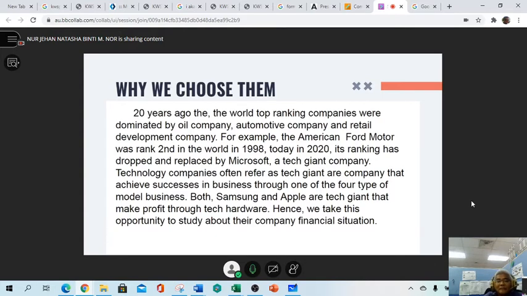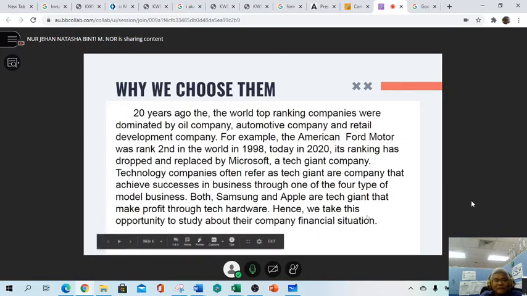Technology companies, often referred to as tech giants, are companies that achieve success in business through one of four types of business model. Both Samsung and Apple are tech giants that make profit through tech hardware. Hence, we take this opportunity to study their financial situation.